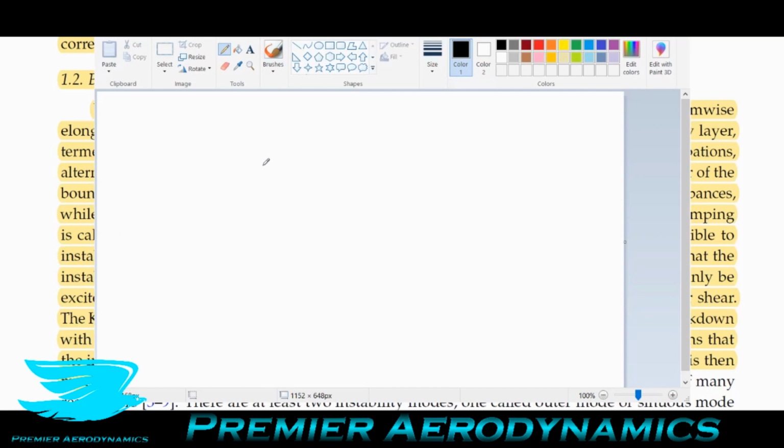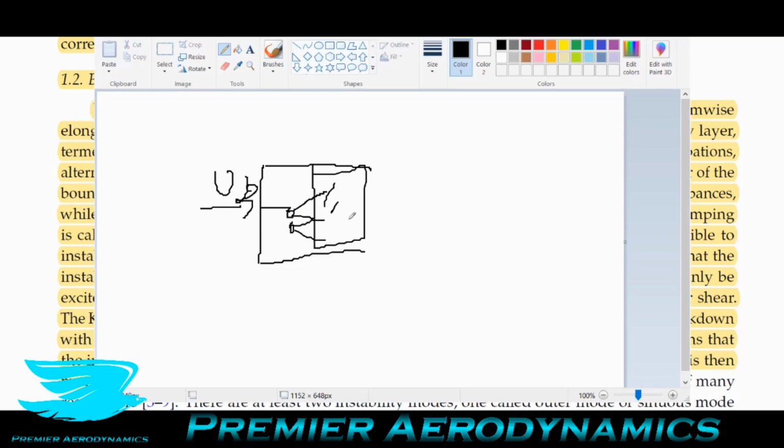So again, if we have a flow over the table, we have a U infinity free stream velocity. We have these Klebanoff disturbances, which then break down into turbulent spots, and they then merge at some point where you now have complete turbulence. And upstream, these Klebanoff disturbances are like these jets.